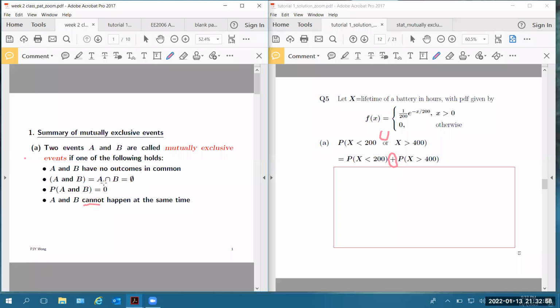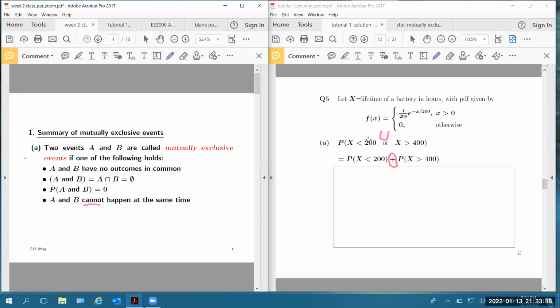When you come to A and B, you see the intersection is empty. So you intersect any two of them, it should be empty. Okay. All right. So now we come back to this question.